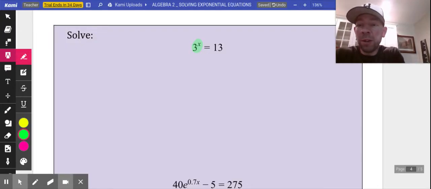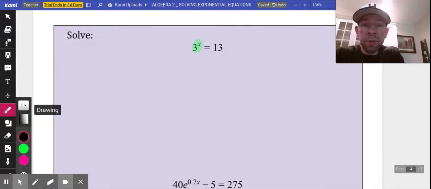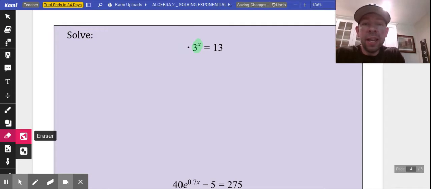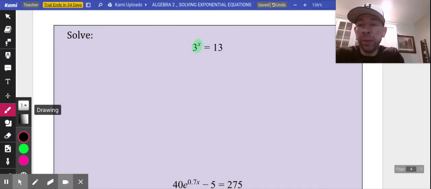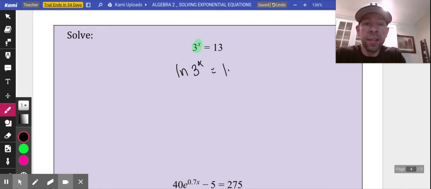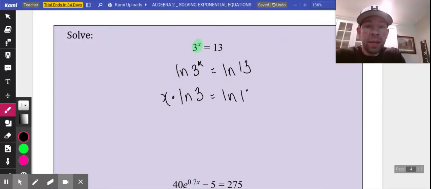Now, what you want to watch out for is, if there was another number here like 5 times 3 to the x, you would have to divide that 5 over first and then take the natural log. But we're ready here. We can go ahead and take the natural log of both sides. So we've got natural log of 3 to the x equals the natural log of 13. Rewrite the exponent out front, and then divide both sides by the natural log of 3.